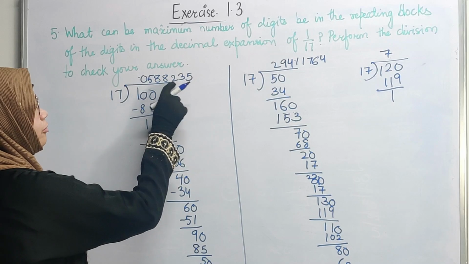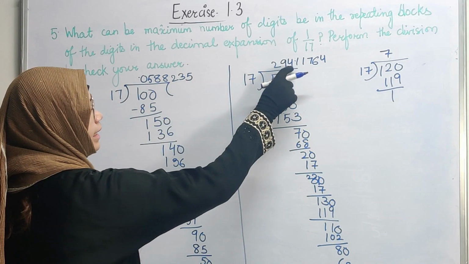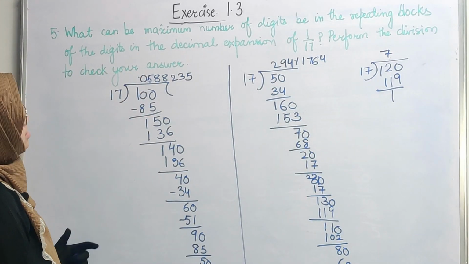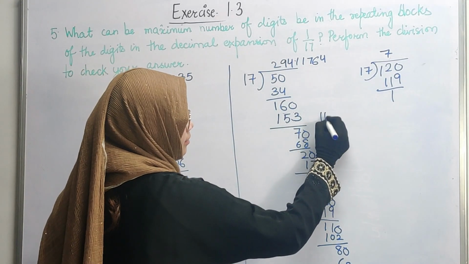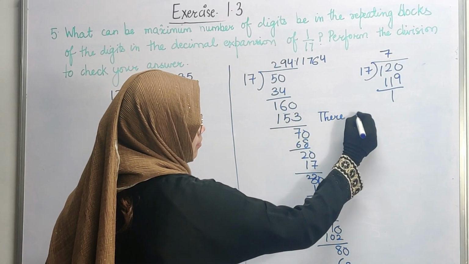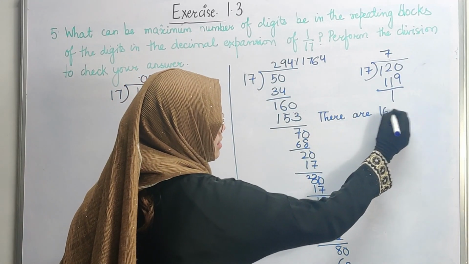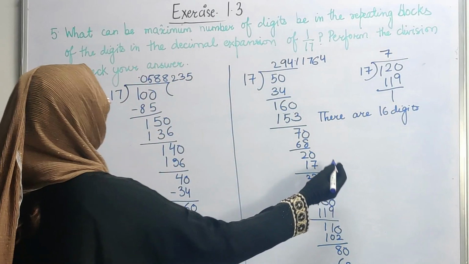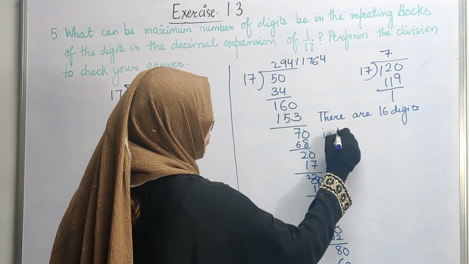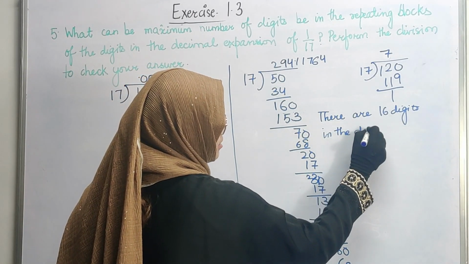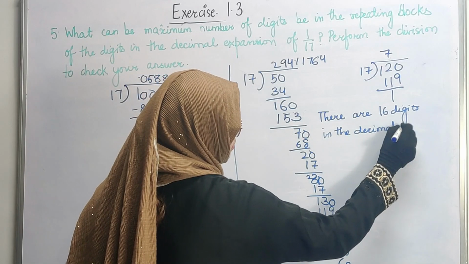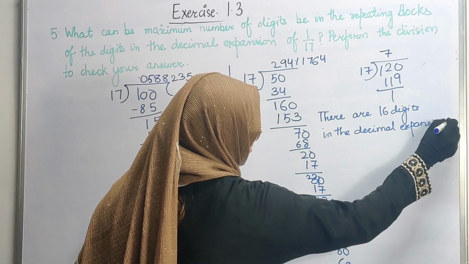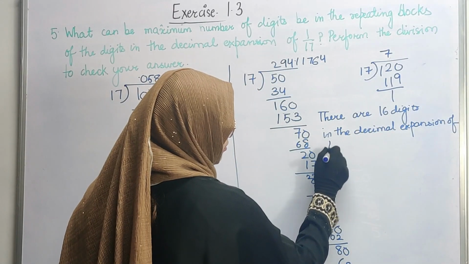1, 2, 3, 4, 5, 6, 7, 8, 9, 10, 11, 12, 13, 14, 15 and 16. So your answer is there are 16 digits in the decimal expansion of 1 upon 17.